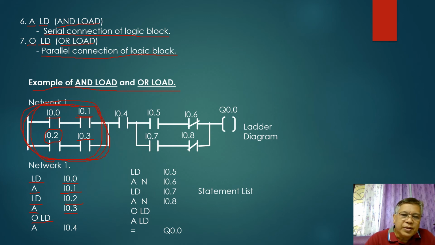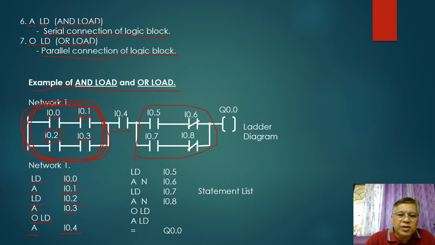Then, if you notice, this logic block is connected in series with I 0.4. So that is why our next command is AND, since it is connected in series, and I 0.4. Then we will continue with this particular block here.